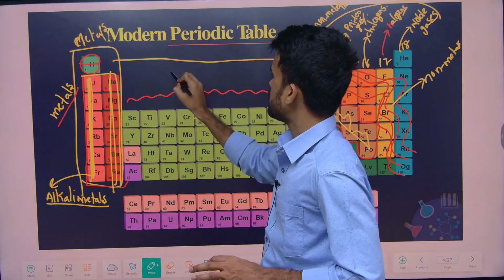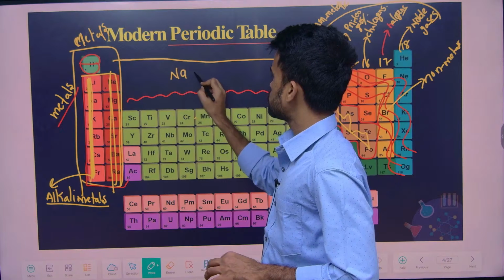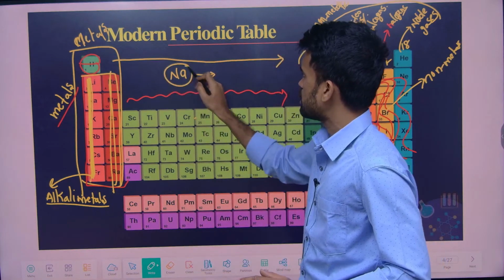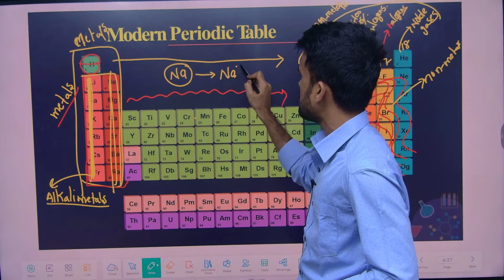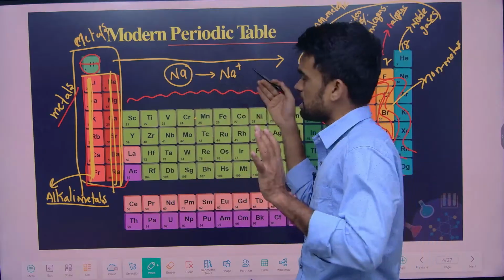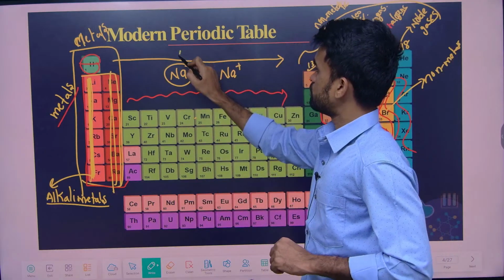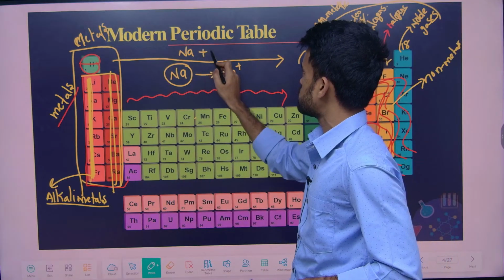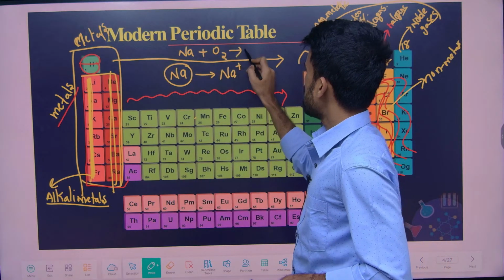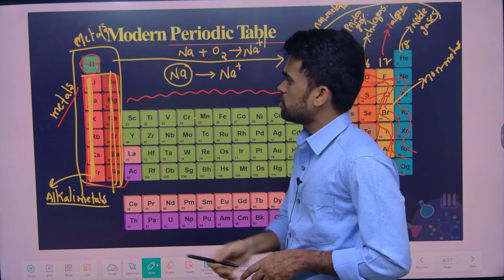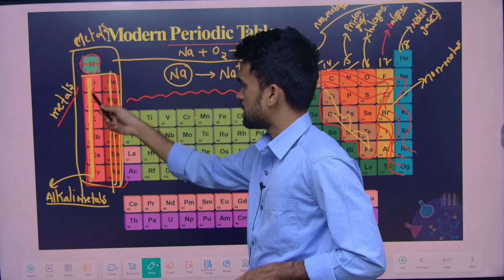For example, you take a sodium metal and throw it in water. Suddenly the sodium atom becomes a sodium ion, Na+, and OH- from water forms NaOH. Even when you expose sodium to oxygen, again sodium converts into the Na+ form.